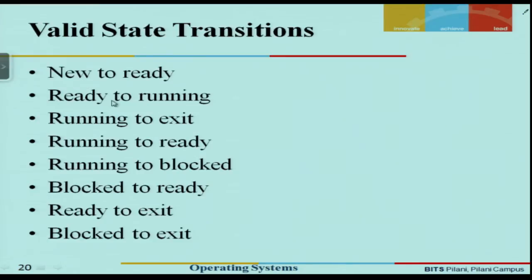Then we have ready to running: whenever the executing process either completes its execution or makes an IO request, a new process is to be executed, so a process moves from ready to running. Running to exit occurs when the process executing on a processor completes its job. So it goes to exit.